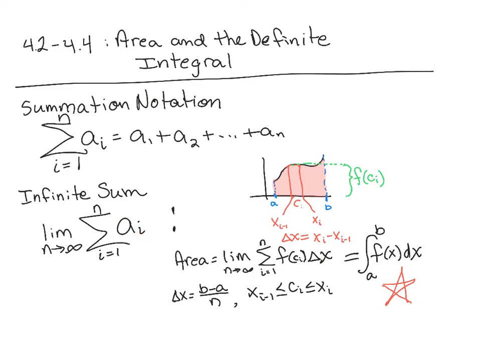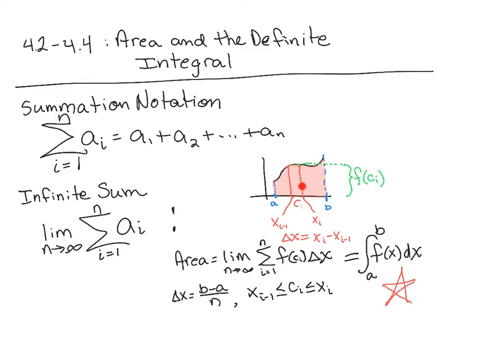In each interval, they're taking some x in between the two endpoints, the last x and the current x. The subscript goes up, so i minus 1 to i, where the width of this rectangle is called delta x, and that's just the distance between the two x values at the sides. The height of that rectangle will be that value c, which is somewhere in the middle, plugged into the function.